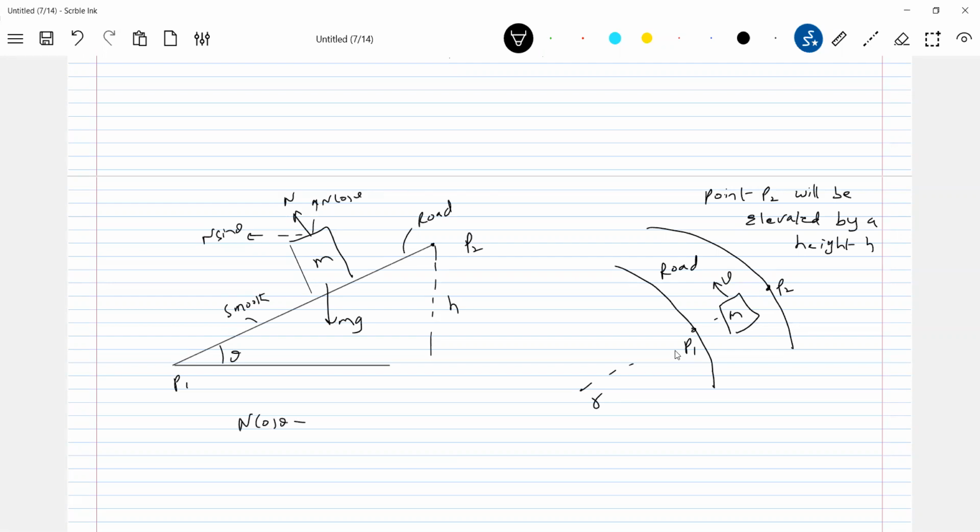So N cos theta minus mg equals 0. N sin theta will provide the required centripetal force, which is mv squared by r. That r is the radius, this particular thing here.